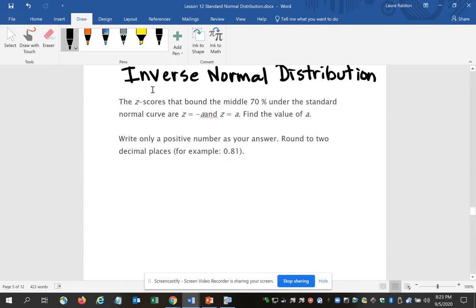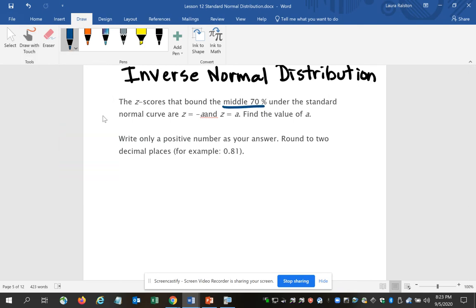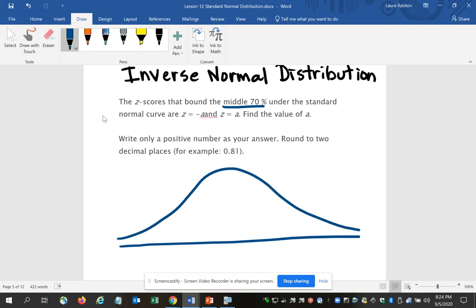Now, this one's a little tricky, because it's wanting you to do the middle 70%. So let's see if we can sketch a picture here. We know we have a normal distribution. It is a bell-shaped curve, and it's the standard normal. So my mean is in the middle, which is 0, and my standard deviation would be 1.